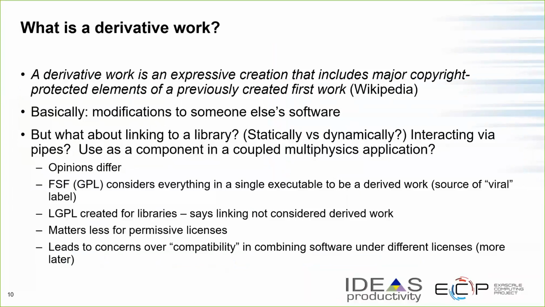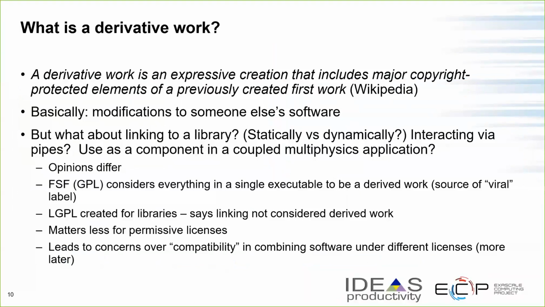For permissive licenses, these distinctions about what constitutes a derived work matter a lot less, as you might imagine, because we don't care how a derivative work is licensed if we have a permissive license. Then we care a lot less about exactly how we define a derivative work.